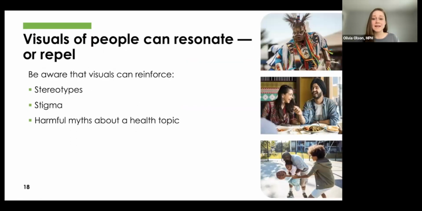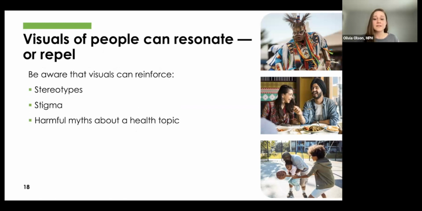One reason that it's important to test messages is also to guard against health communications contributing to health inequity. While having a diverse representation of people and images can be tricky, it's extremely important in order for the priority audience to feel seen, to help draw them into a health communication material.